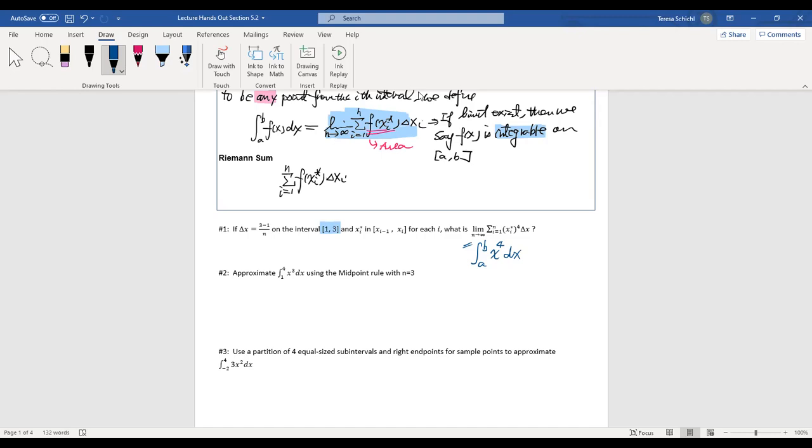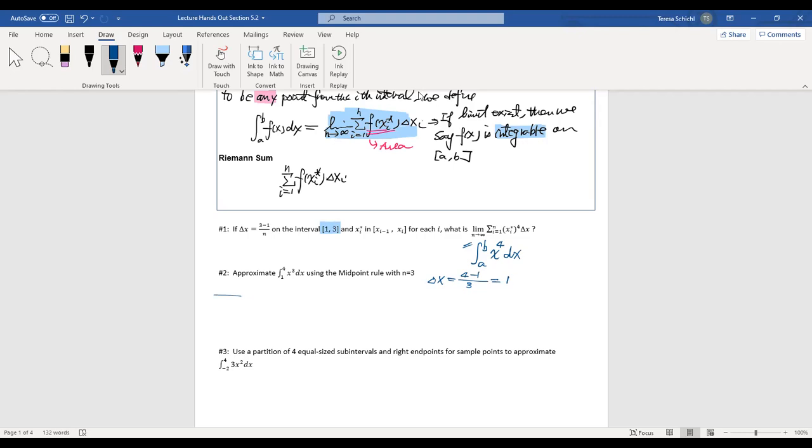Okay, so now let's take a look at this one. Let's say approximate the integral from 1 to 4 of x cubed using the midpoint rule with n equal to 3. So if n equals 3, my delta x is equal to 4 minus 1 divided by 3, so delta x is 1.